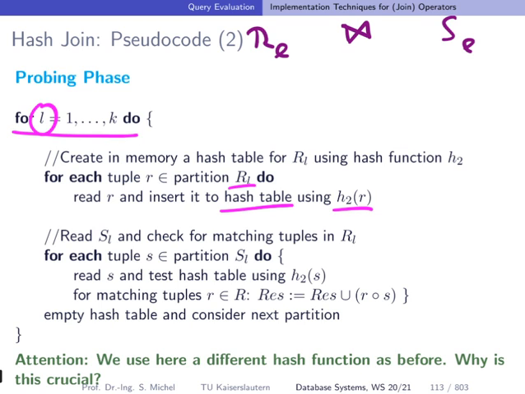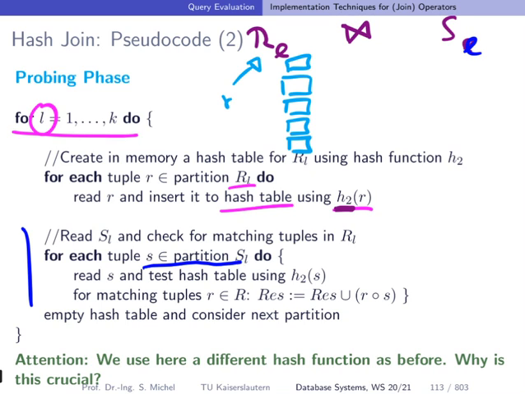So what this algorithm is doing is to first of all go over all of the tuples R of RL and create an in-memory hash table that has again many, let's say here 5 hash buckets, and this is done using hash function h2, and then we go over all of the tuples of SL.